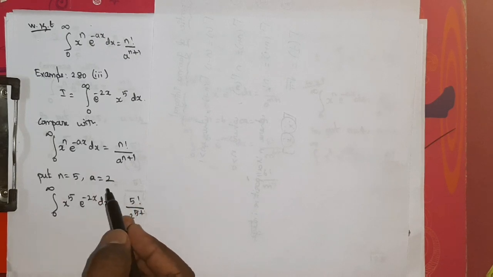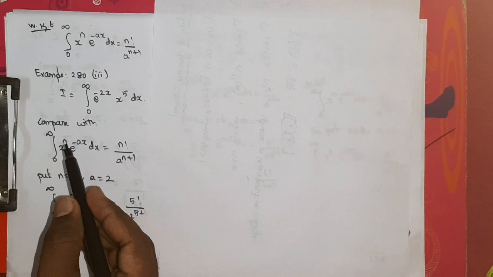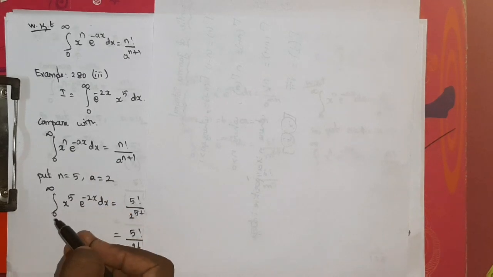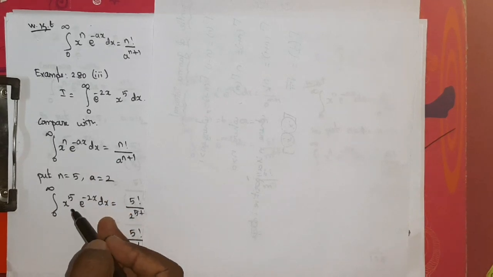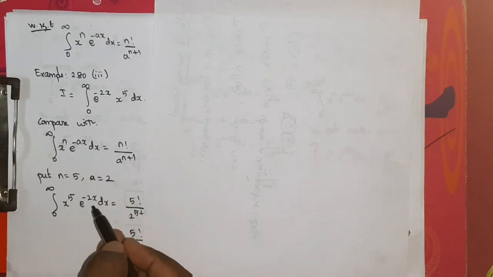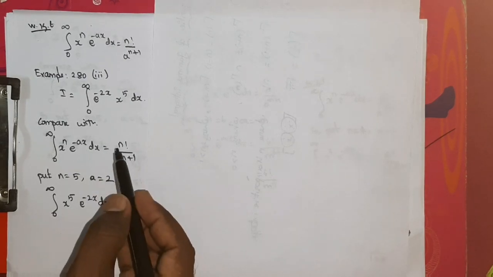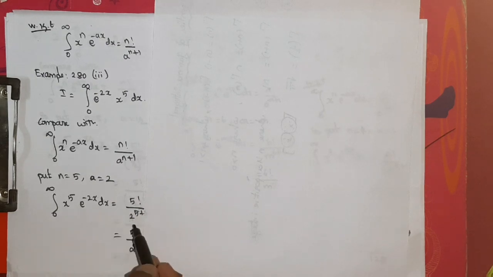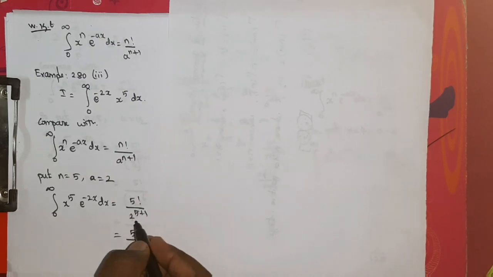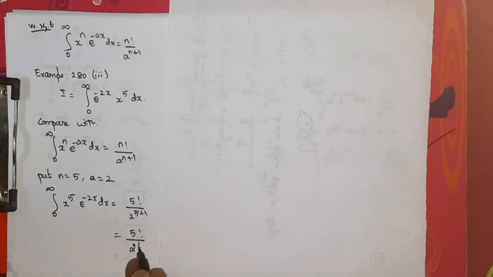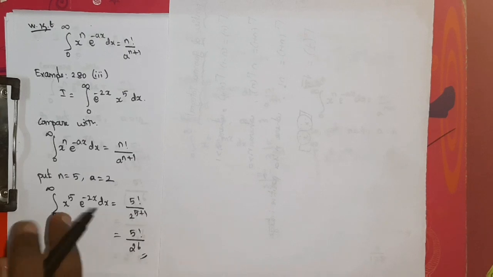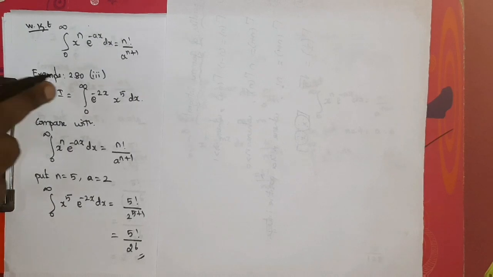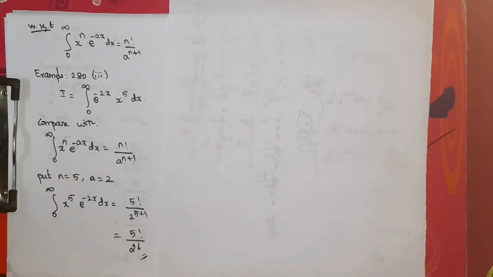Now take n equal to 5 and a equal to 2 and apply in the n and a places. So integral 0 to infinity x power 5 e power minus 2x dx equals n factorial by a power n plus 1. So 5 factorial by 2 power 5 plus 1, so 5 factorial by 2 power 6. That's all. It's just substitution, but you have to recognize what is n and what is a in the given question.